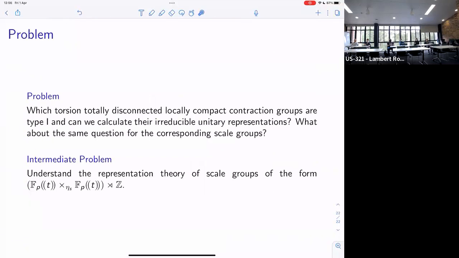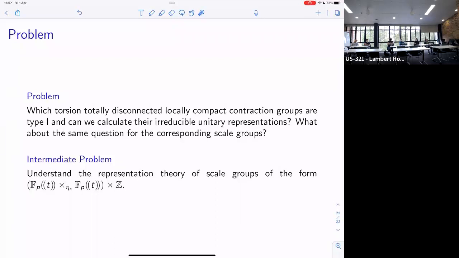And so I want to work towards determining which scale groups arising from torsion TDLC contraction groups are type 1. To do so, we need to determine which torsion locally compact contraction groups are type 1, and in the case where they are type 1, we need to determine their irreducible unitary representations.